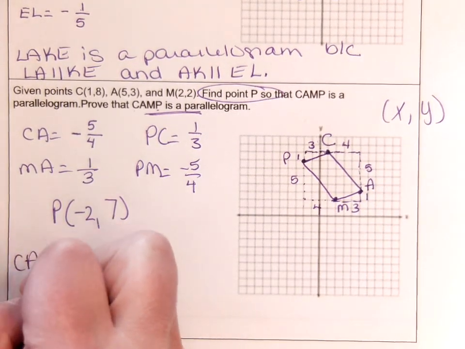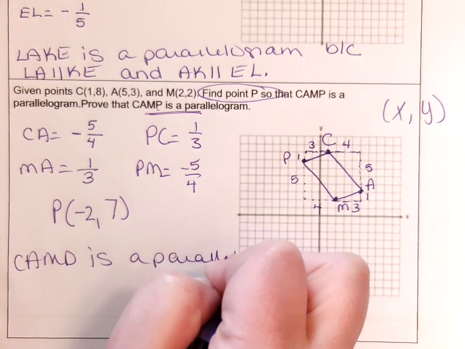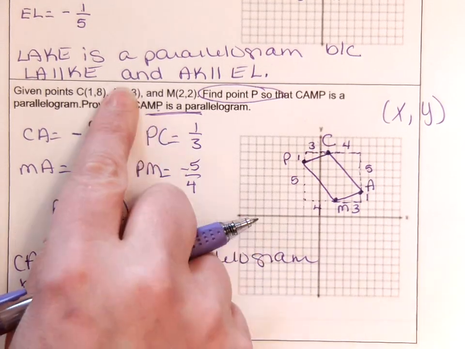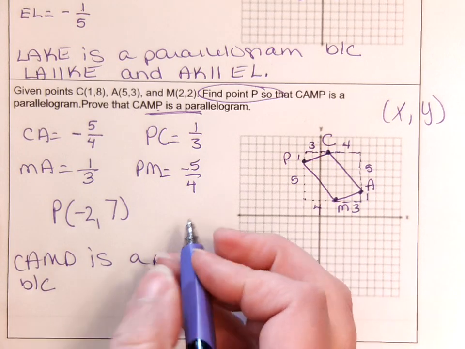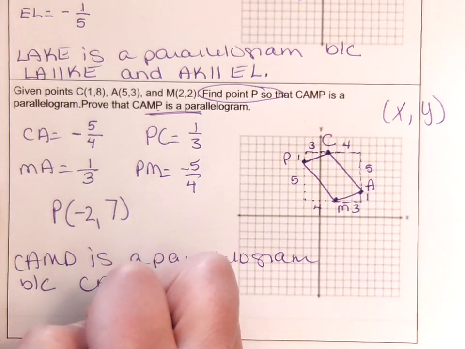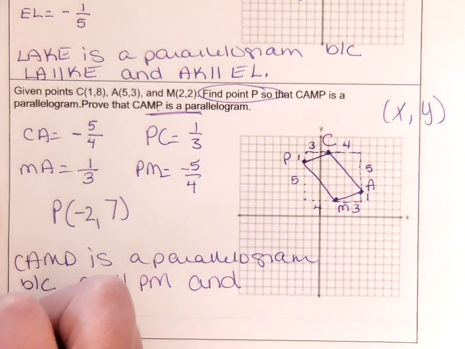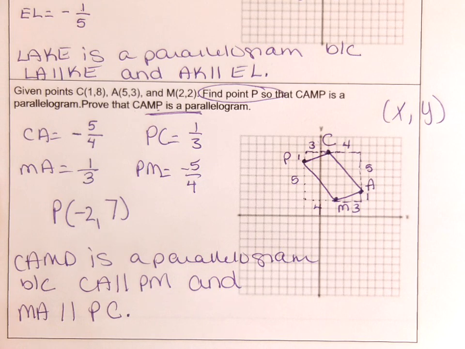So CAMP is a parallelogram because, just like up above, we say which sides are parallel. Okay, so that CA is parallel to PM and MA is parallel to PC. And we're done with that one.